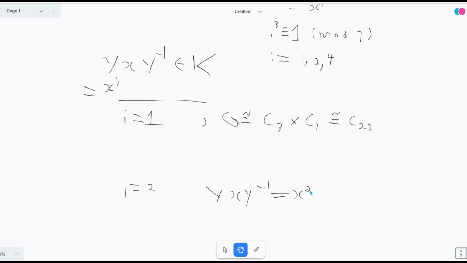And this is the case that leaves us with the other possibility listed up here. So in this case, we have x to the 7 equals y to the 3 equals 1, and y x y to the minus 1 equals x squared. Right? We can rewrite this as yx equals x squared y.